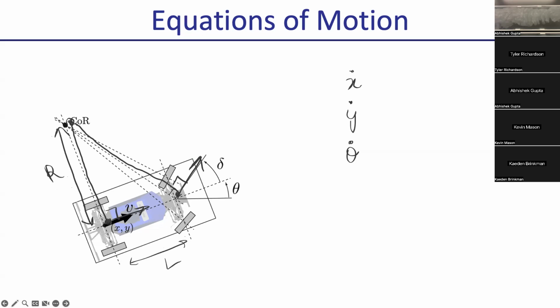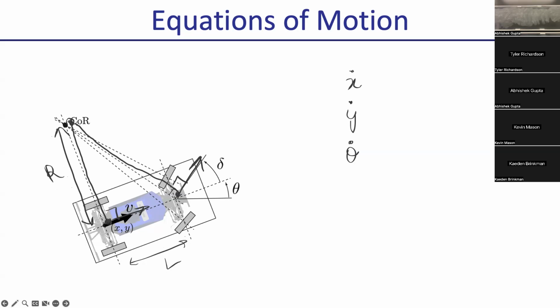And we want to figure out what is X dot, Y dot, and theta dot. I forgot how to do this, so you all have to tell me how to do it. How do you get X dot? How do you figure out the change in X? You get some velocity, and you're trying to figure out what is the change in X position? It's not a trick question.